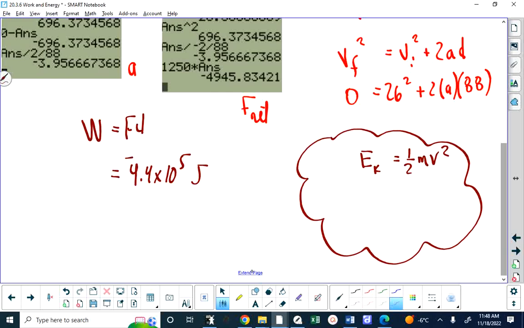Does the car have kinetic energy at the end when it's stopped? No. So the final energy is 0 minus the initial energy. Well, let's calculate 1/2 mv squared of the car to begin with.